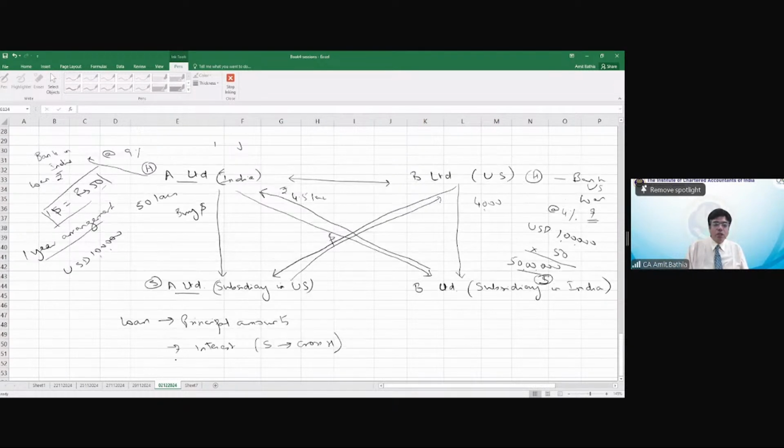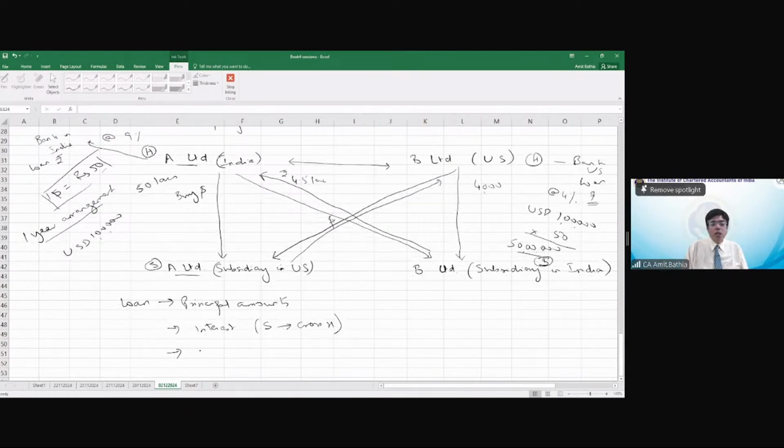And now, since it was a 1 year arrangement only, I need to do the repayment. So the original loan which was borrowed, that B Limited has to essentially transfer that money back to A Limited. So B Limited subsidiary will now, along with 4.5 lakhs, also pay 50 lakhs back to the A Limited.